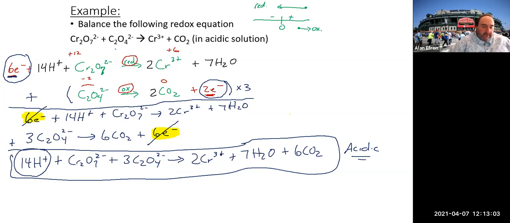So it would be balanced in this case, again, in acidic conditions, as we see that H+ in the overall reaction. Questions on that?